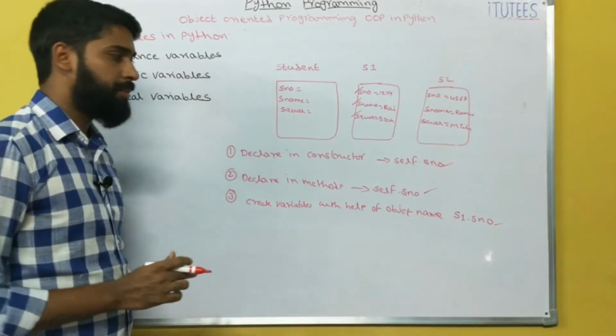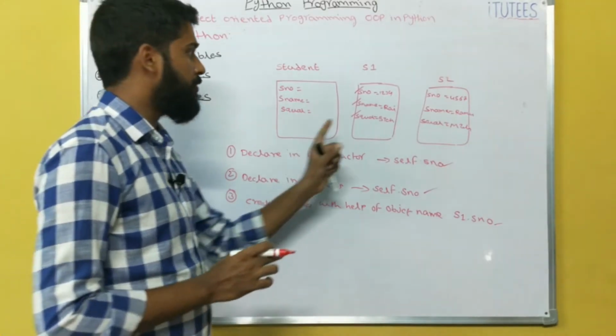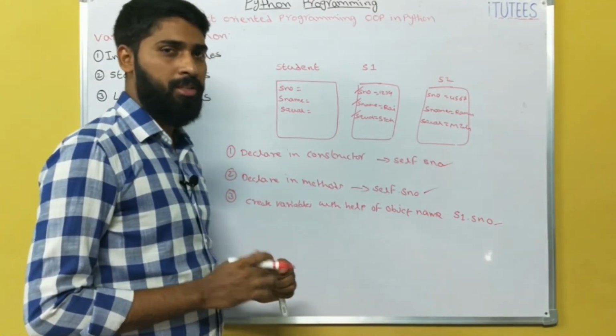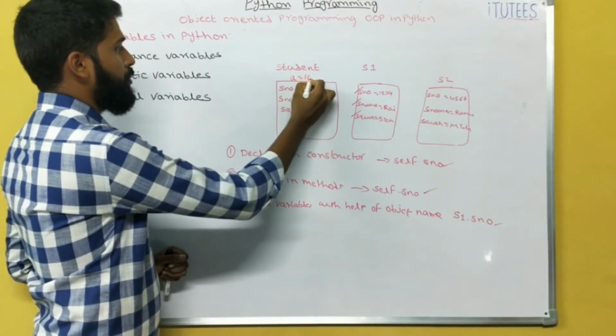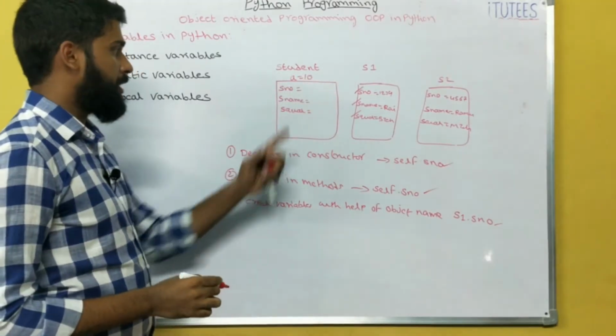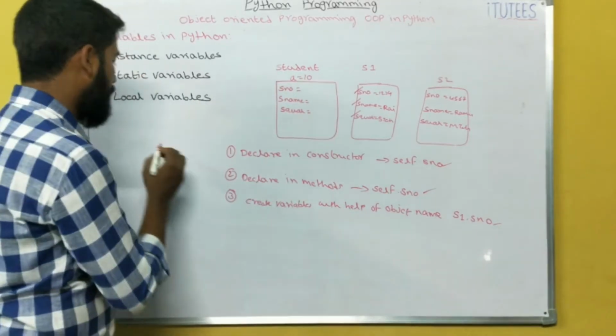Next, static variable. Static variable means the value of the variable does not change from instance to instance. For example, I am defining a equals to 10. How can I define this as a static variable? In two ways.